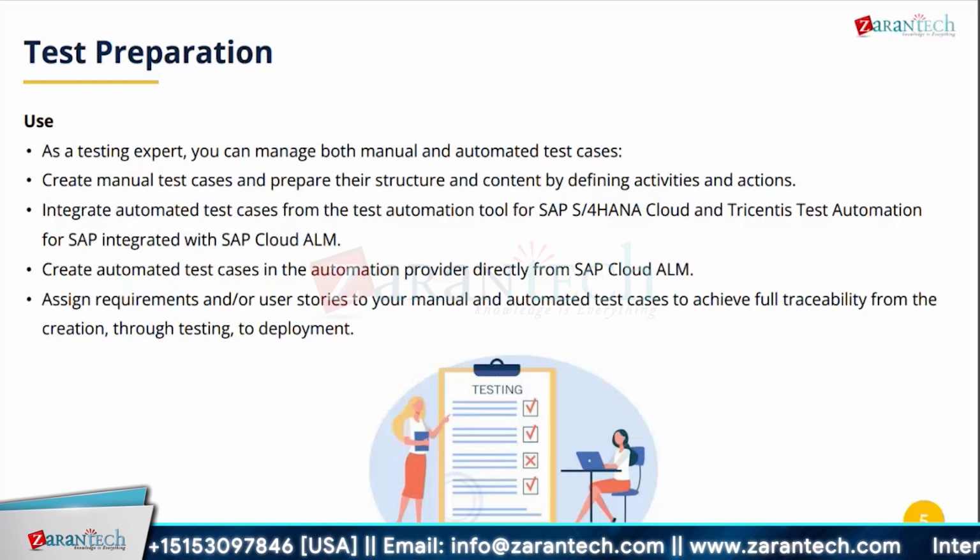You can do that through the test management capability in Cloud ALM. So it gives you that with process, requirement, and user story, which we had seen. For a process, you will have requirements and user stories, so you can have a relation for your test case to these entities also.